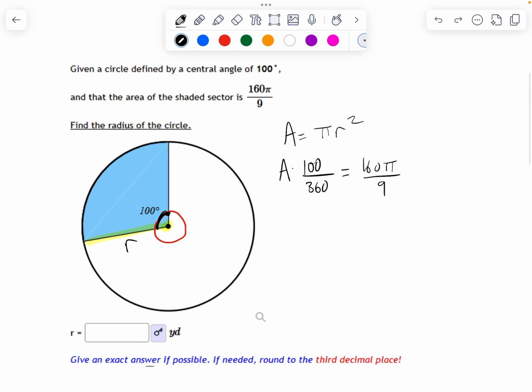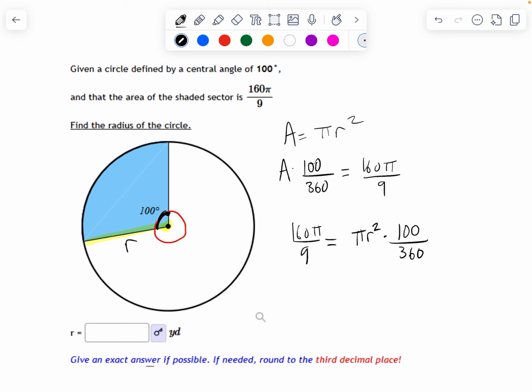So how this is going to be written out is that now we know that the area of our shaded section is going to be 160 pi over 9 equals the area of the sector equals the area of the circle, pi r squared, times the percentage of the circle that we have, 100 over 360.